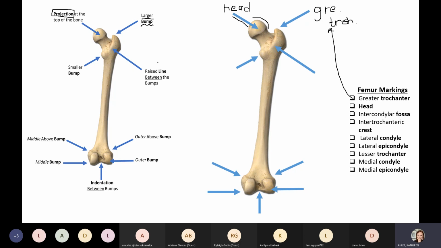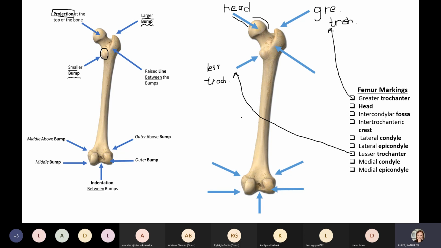I've got something that's a bump. Greater means it's larger. Trochanter means a bump. Hey, so look, this bone marking down here is the smaller bump. I have a lesser trochanter, the smaller bump. So lesser trochanter.